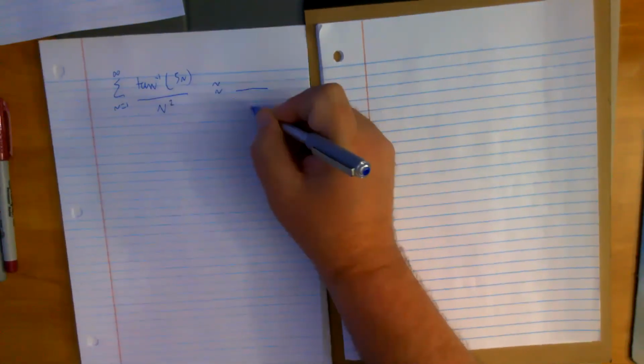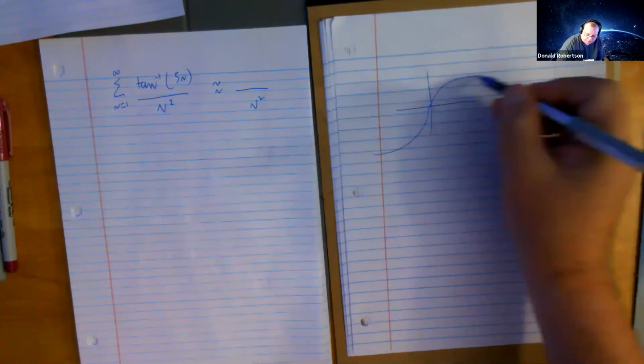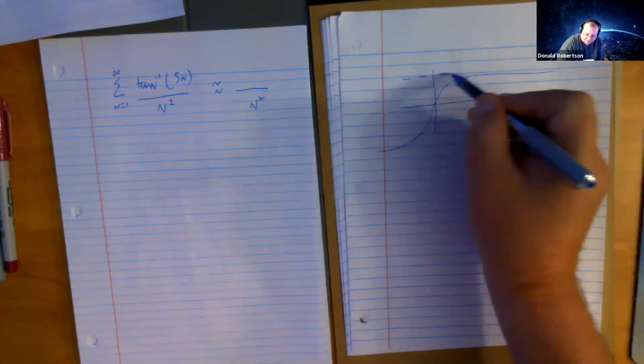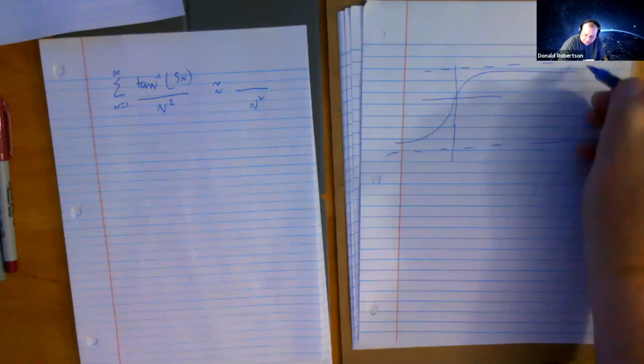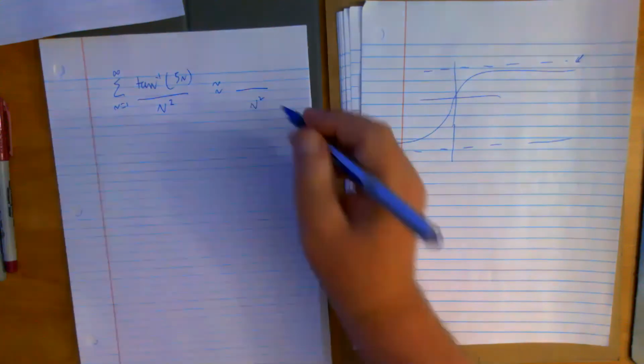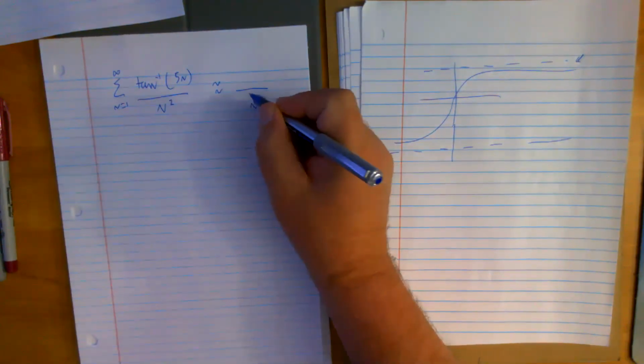No. If you draw the inverse tan function, it looks like this. And there's a number up there and there's another number down there. And we're interested in that number. Last chance. Is it a 1/2 pi? You nailed it. Yeah.